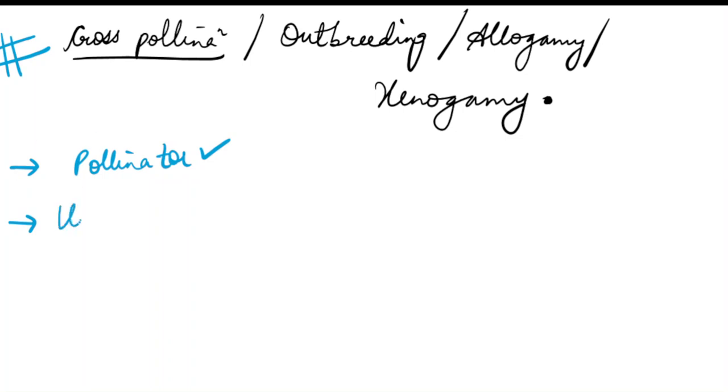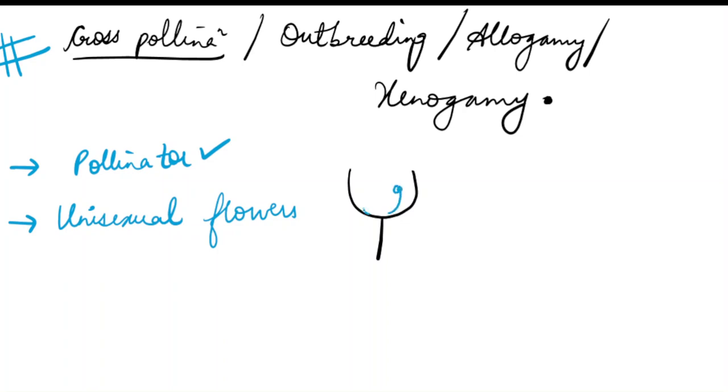Unisexual flowers means either the flower will just have the anthers, meaning it will be a male flower, or the flower will just have the female reproductive part.